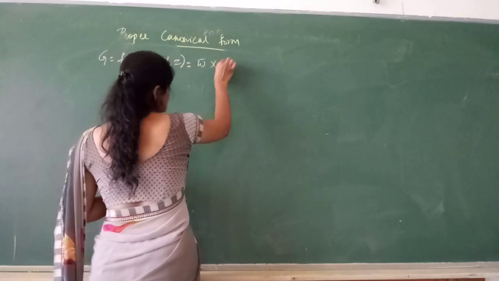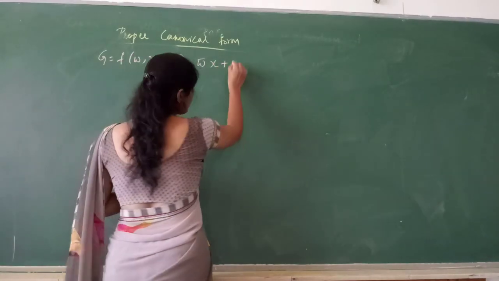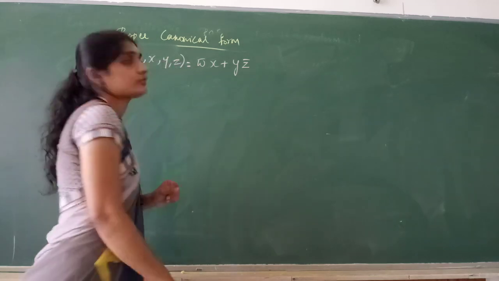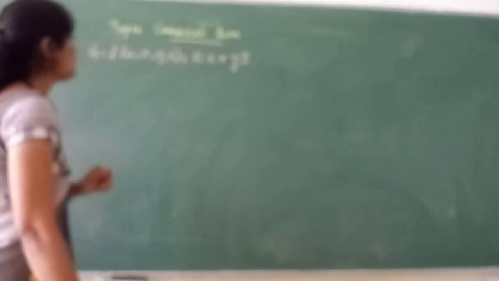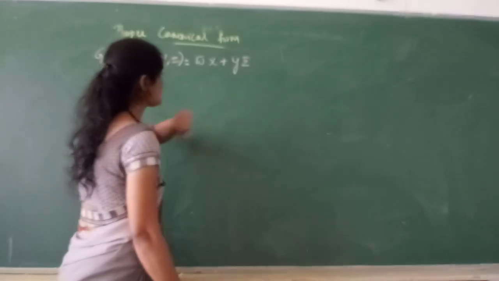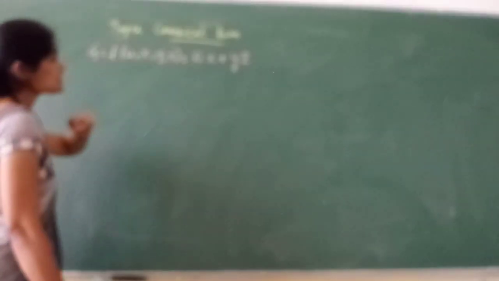So the problem is G is equal to f of w x y z is equal to w bar x plus y z bar. Then this is a problem where 2 variables are missing, right? Let us try to put this in canonical form.